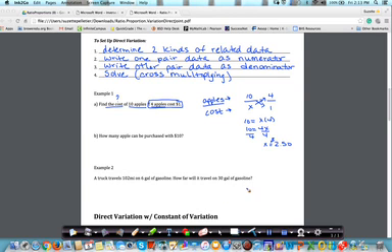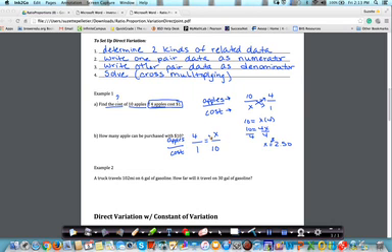Okay? How many apples can be purchased with $10? Well, if I know that 4 apples, again, apples in the numerator and cost in the denominator, if I know that 4 apples cost $1, it's asking me how many apples I can purchase with $10.